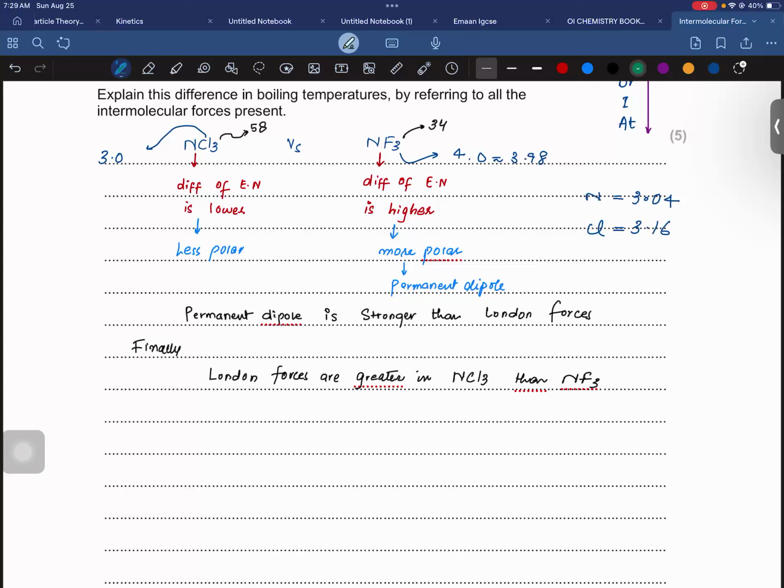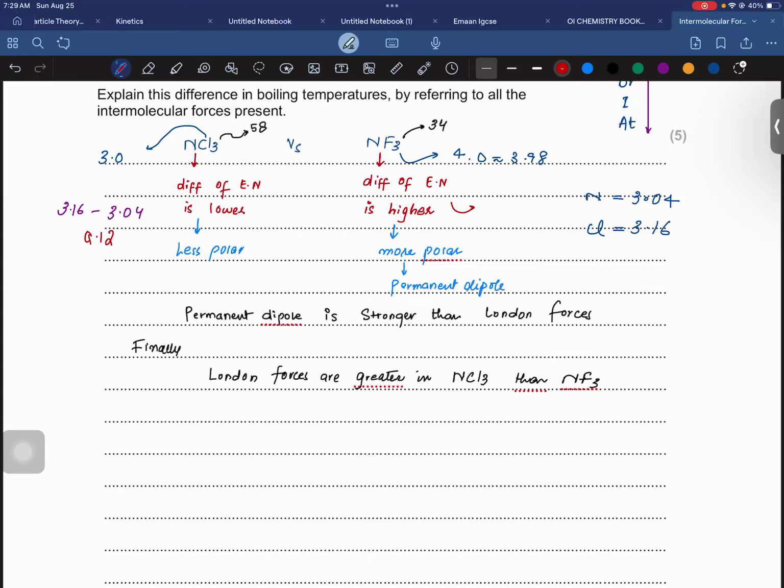If you subtract the electronegativities in NCl3, nitrogen is 3.04 and chlorine is 3.16. So 3.16 minus 3.04 is 0.12, right?